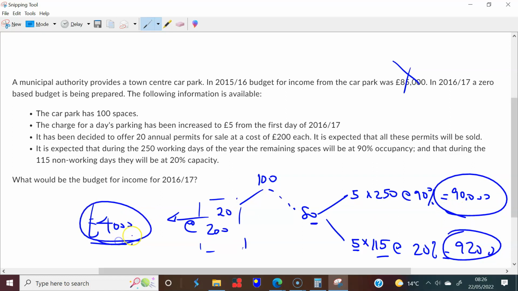So these are our three figures to work with. Add all these together: 90,000 plus 9,200 plus 4,000 is 103,200. So that's your budget for the next year using zero-based budgeting.